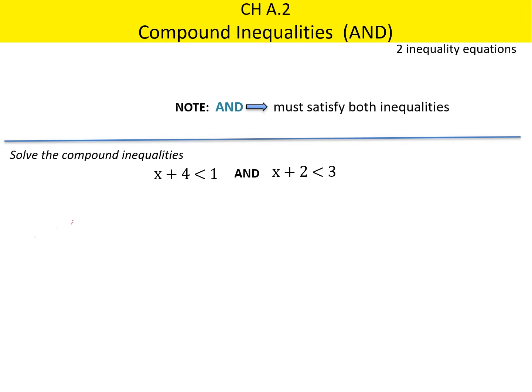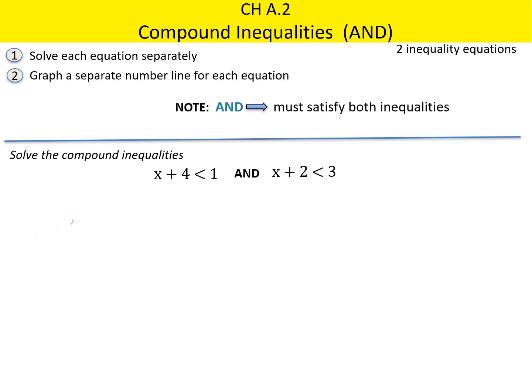We're going to solve this problem the same way we solve a single inequality equation. Our first step would be to solve each equation separately. The second step is we're going to graph the separate number line for each equation. Third, we're going to take our solution and show it in set builder format and also in interval notation.